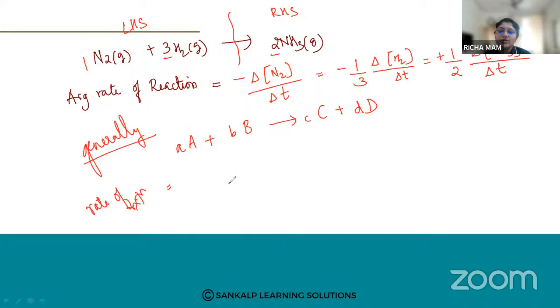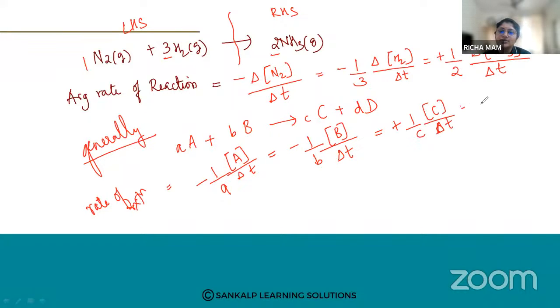It is given as minus 1 by a, delta concentration of A by delta T, is equal to minus 1 by b, delta concentration of B by delta T, is equal to plus 1 by c, delta concentration of C by delta T, is equal to plus 1 by d, delta concentration of D by delta T. Understood?